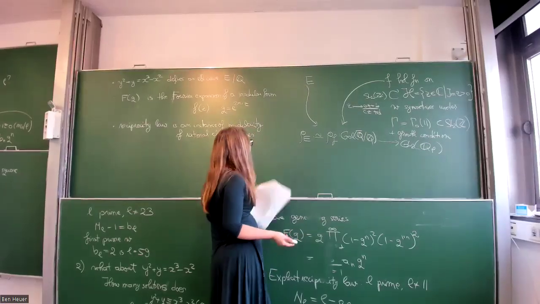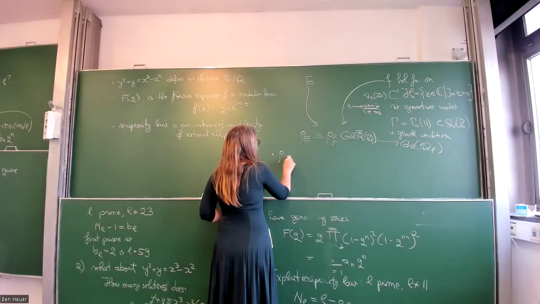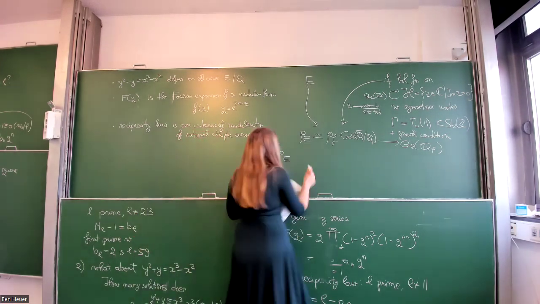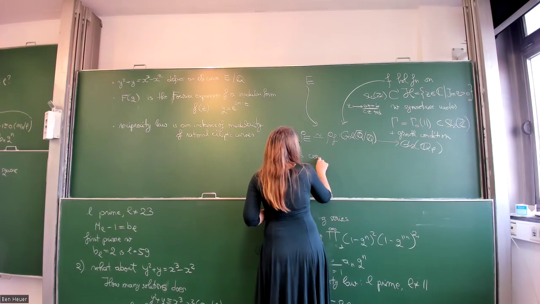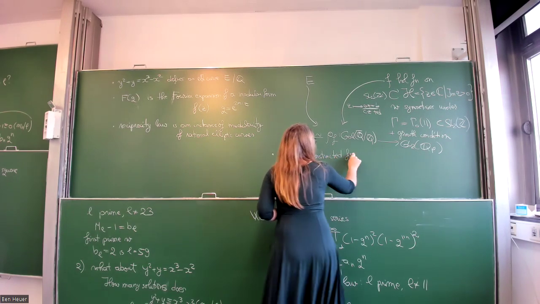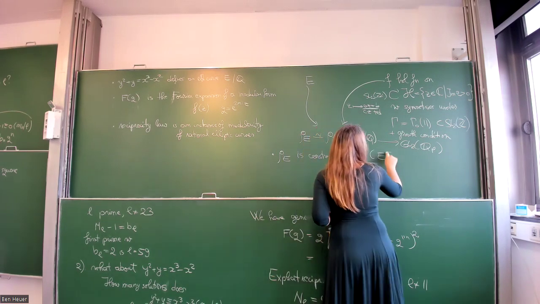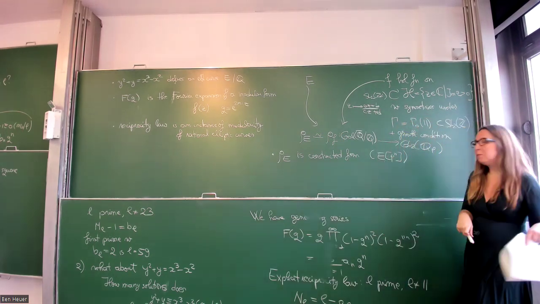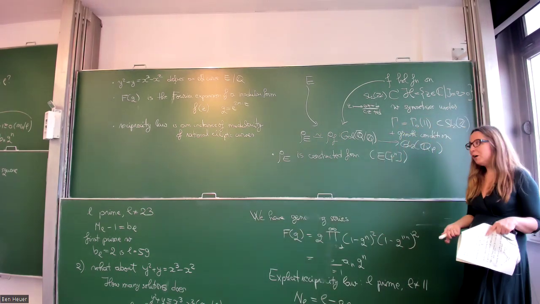Okay, so rho E, the Galois representation attached to an elliptic curve, is constructed from the p-adic Tate module, or I can say the compatible system of p to the n torsion points on the elliptic curve.